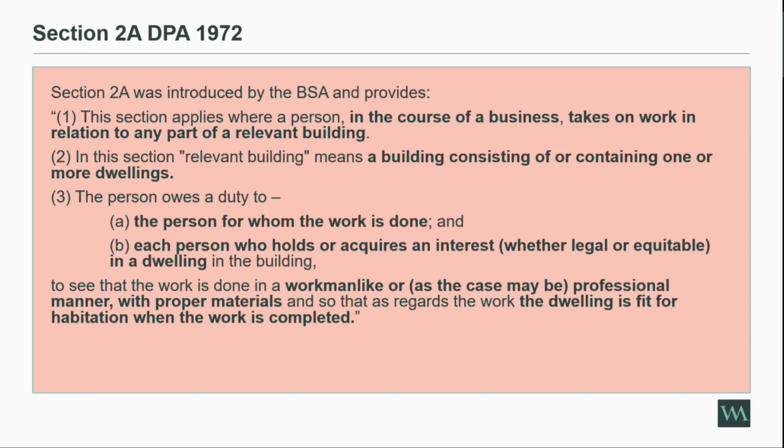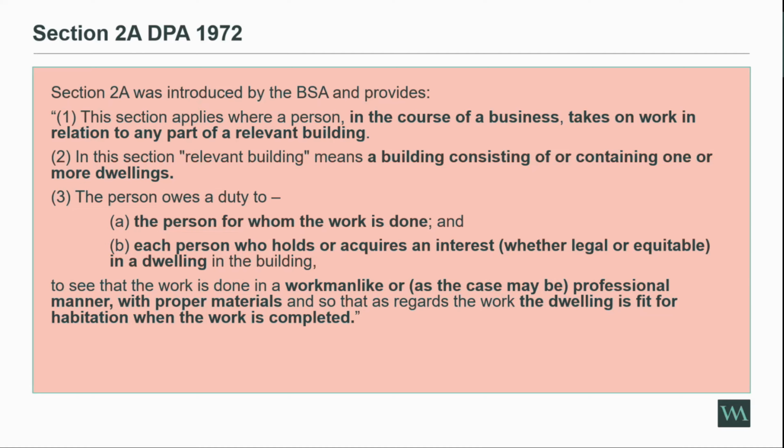And this new duty now means that anyone who undertakes refurbishment, renovation or conversion or any other work to a dwelling that already exists, you have to comply with this obligation, and again, ensure that the dwelling is fit for habitation. The wording you'll see is actually pretty much the same.